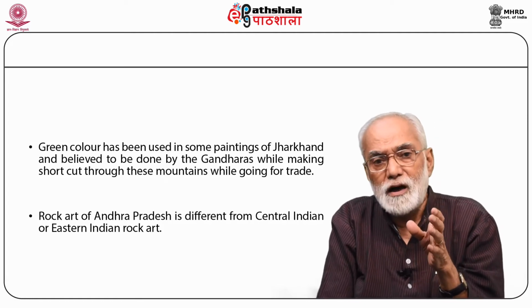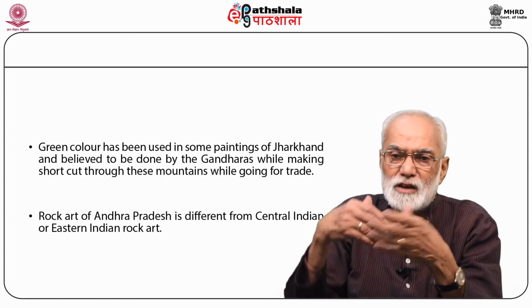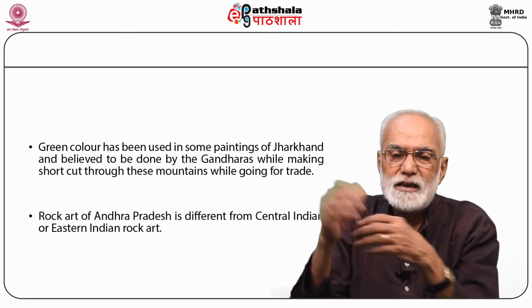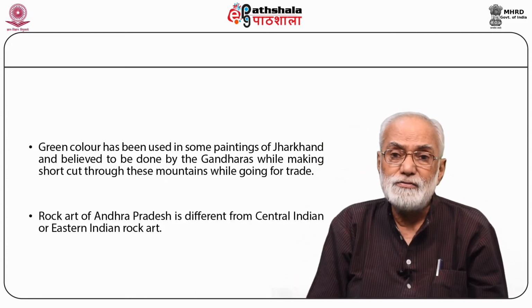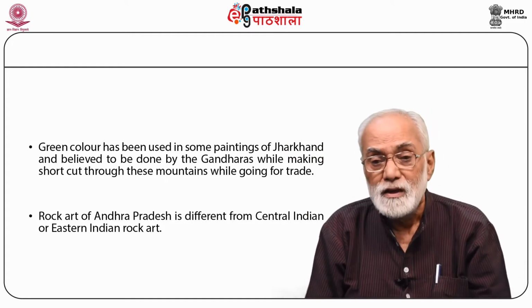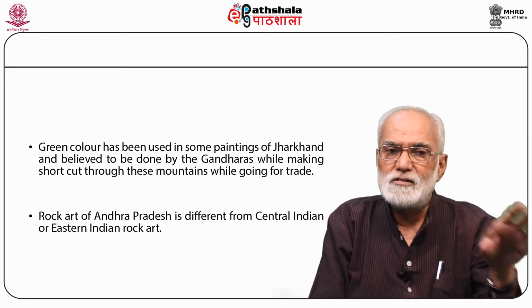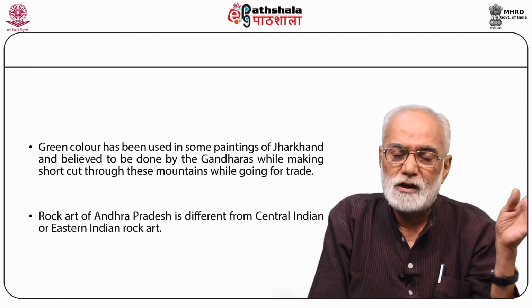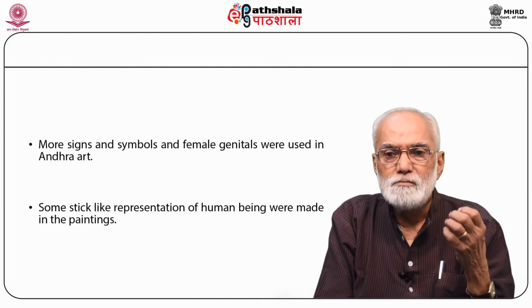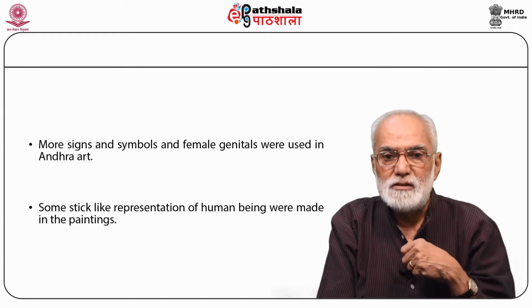We come to Andhra. It's also to be counted as east, because half of Andhra is towards the east, half in the south. And you find in Andhra a huge amount of rock art. And this rock art is quite different from the Central Indian rock art or the Western Indian rock art. There seems to be more of signs and symbols.